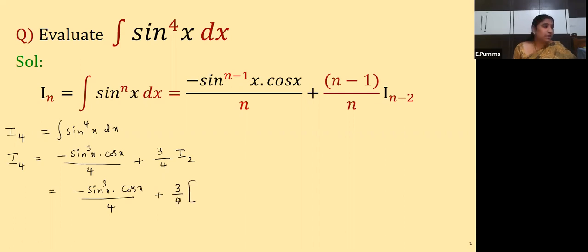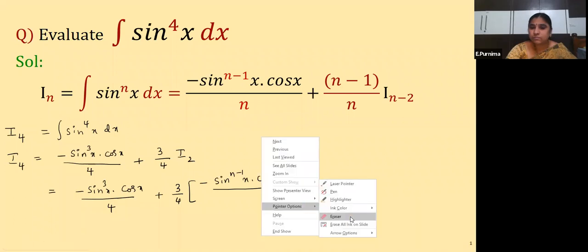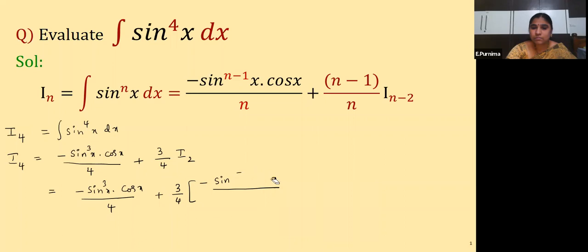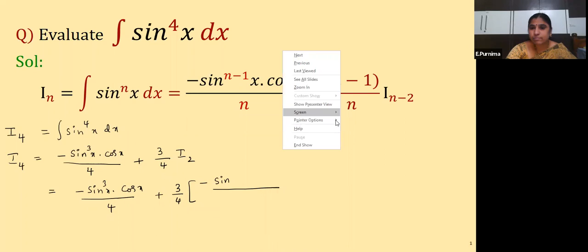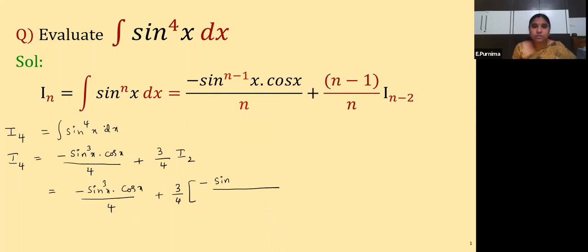Understood? So now here it is minus sin cube x into cos x by 4 plus 3 by 4 into I2. What is I2, children? For I2 again we have to apply the same formula. Minus sin to the power of n minus 1 x into cos x by n. Here n value is 2, so 2 minus 1 is nothing but 1.